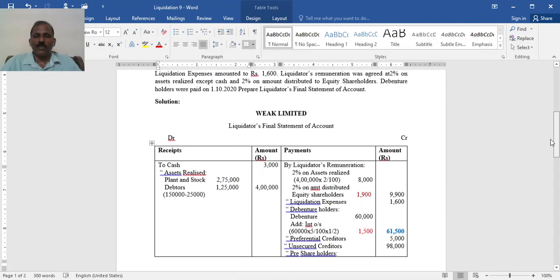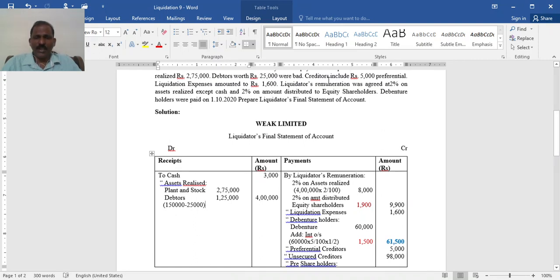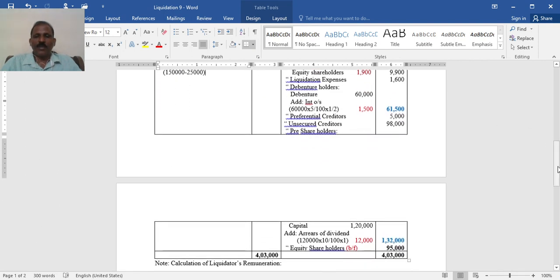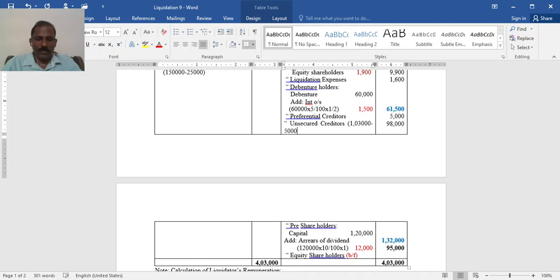After payment to debenture holders, then preferential creditors. Total creditors given in the problem are 1,03,000, of which 5,000 are preferential. So 5,000 you pay as preferential creditors, and the balance, if you want, you can show here: 1,03,000 minus 5,000 preferential, so it is 98,000.